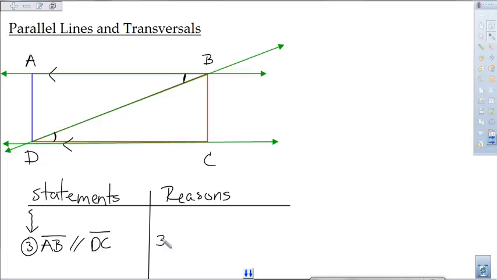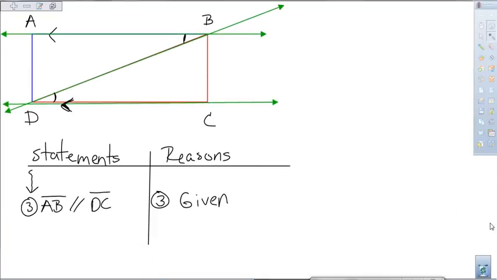How do I know that? It was given. And that's shown by these. If these were originally there, then that's a given. Okay, now I can use any of those theorems, alternate interior, exterior, corresponding, but as we said before, I'm going to use alternate interior angles.